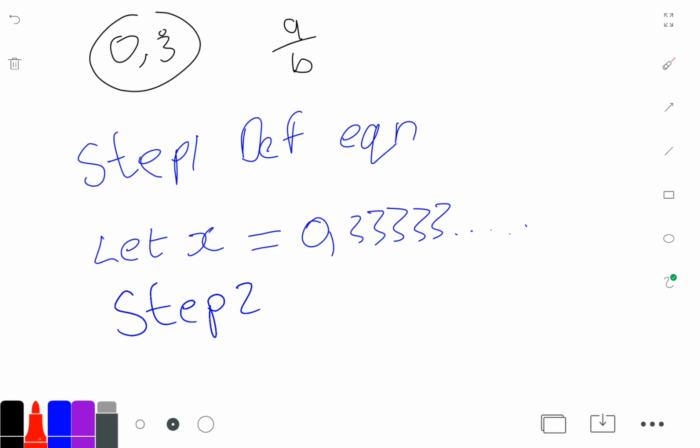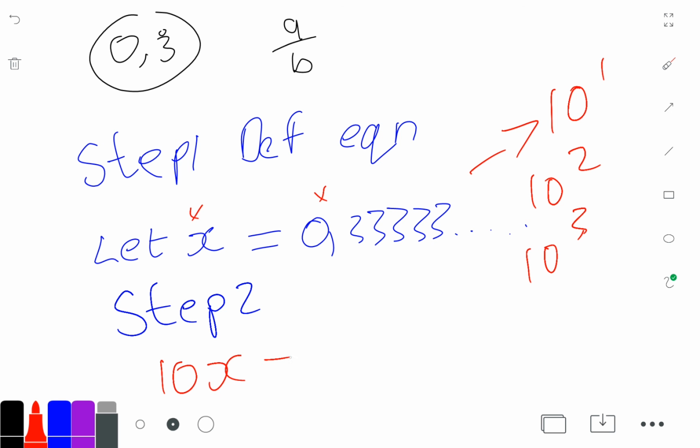Step 2, because there's only one single digit repeating, which is a 3, we are going to use what we learned in our previous video, which is the powers of 10. Remember that one digit is 10 exponent 1, and two digits will be 10 exponent 2, and three digits will be 10 exponent 3. Therefore, we'll multiply both sides by 10, right? So 10 multiplied by x gives us 10x, equals this number multiplied by 10.